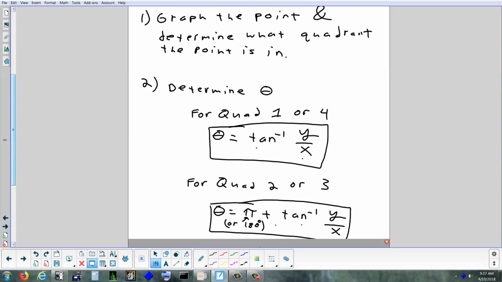But that's not everywhere you could be. If you graph something, where else can you be besides within quadrant 1, 2, 3, or 4? You could be on an axis. And watch what happens if you try to use this formula on an axis. Let's say you had the point right here.